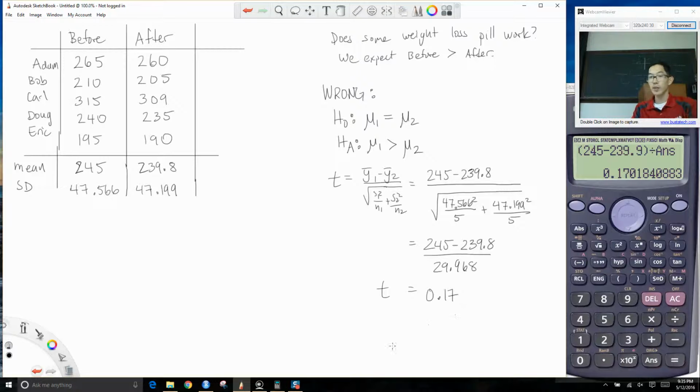Okay, and so I'm at 0.17 and I want to know what's the area over here.